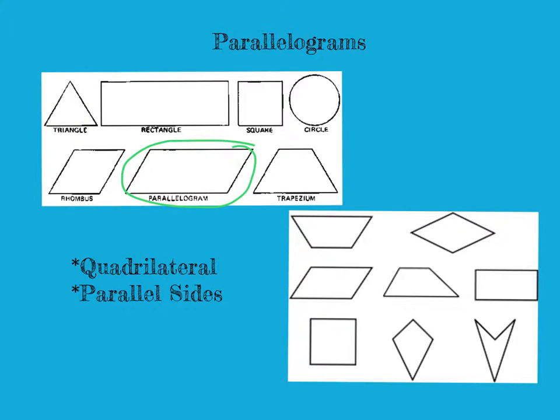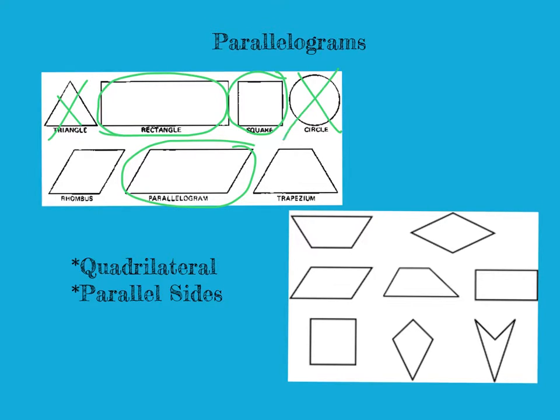So our first example, like we said, we already know that that's a parallelogram, but that does have both of those things. A triangle is not a quadrilateral, so I know it's not going to be that. A rectangle is a quadrilateral, and if I look at the sides, they are parallel, so a rectangle, even if it looks like a rectangle, is also a parallelogram. A square, same thing, it is a quadrilateral and it does have parallel sides.